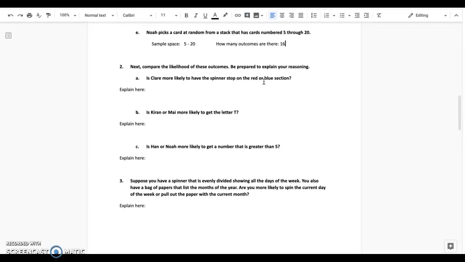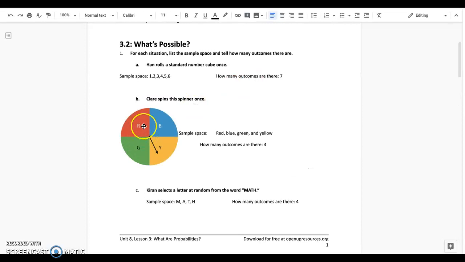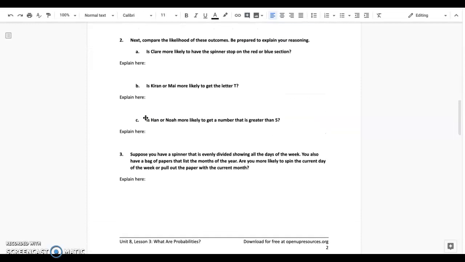So when you're going to find a probability, the red is one choice out of 4. So if we go back up to Claire, I see there's 4 choices here. The red is one of those 4. And so if you think of it as a fraction, if Claire lands anywhere in the red, that's 1/4 of the total. So I'm going to write down here that red is 1/4 of the total.